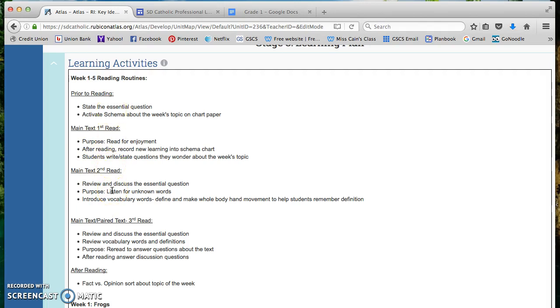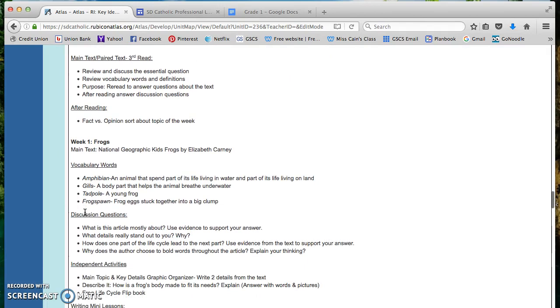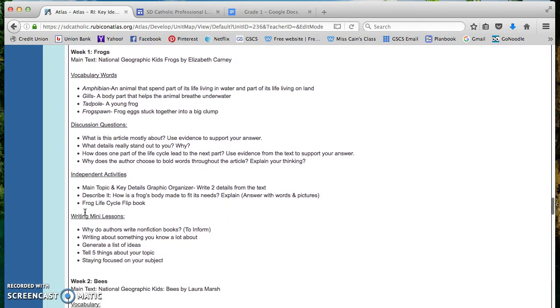I use a close read model, so I've broken mine into a routine that we use consistently in my class. And then I also separated it by week because I'm going to be doing a different animal each week.